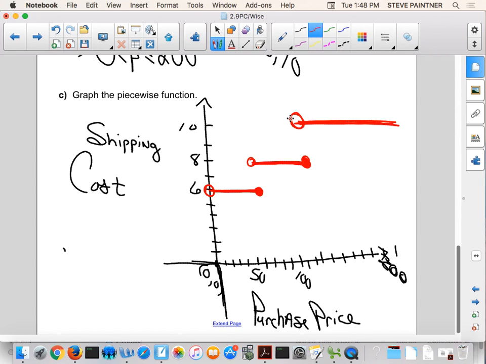Did it have an equal sign with the 200? Yeah, it's closed. There you go. That's all it is, right? I hope it kind of makes sense to you. If I purchase at this price, I get charged $10. $10, $10, $10. So it creates this nice flat line.